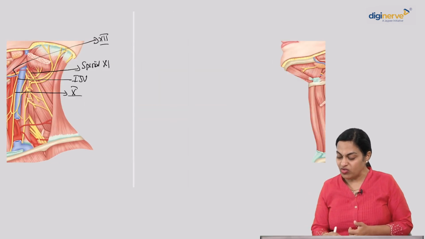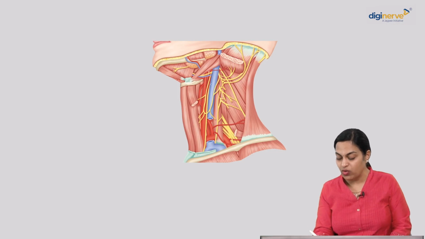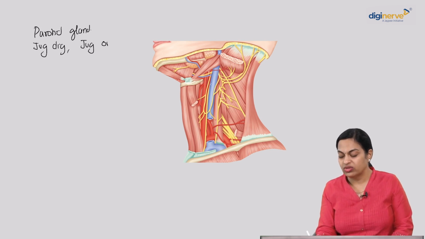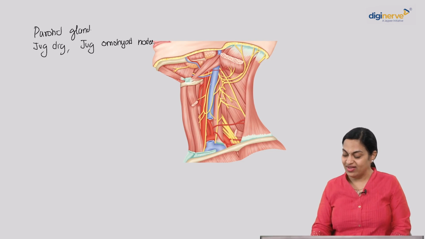We also get to see part of the parotid gland, and then the lymph nodes, the deep cervical lymph nodes, the jugulodigastric and jugulo-omohyoid nodes, as contents of the carotid triangle, isn't it?